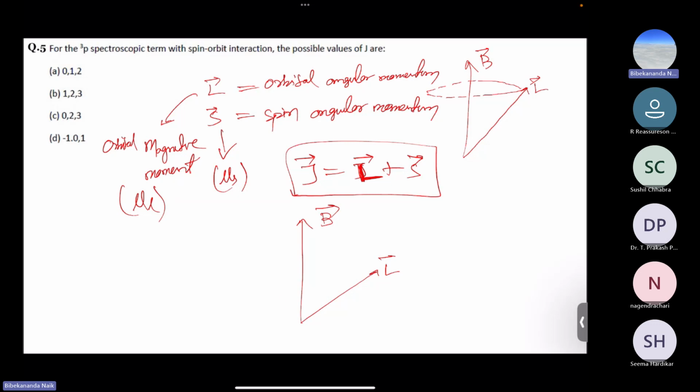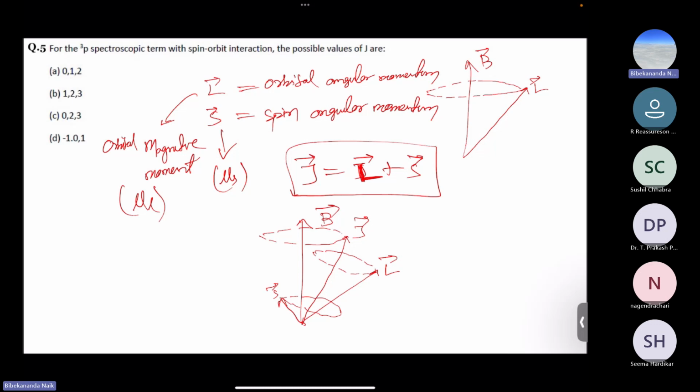Suppose this is the L vector and this is the S vector, then L plus S will be the J vector. Now this S precesses around J, this L also precesses around J, and this J precesses around the magnetic field B vector.